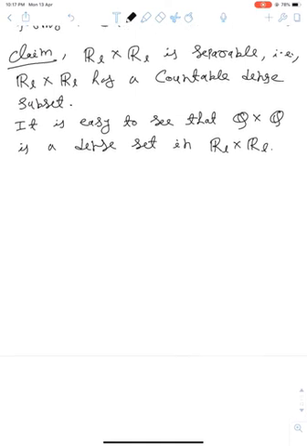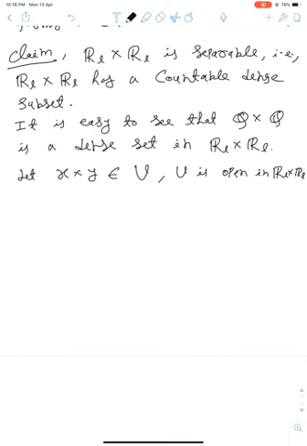First of all, let x cross y be any point, and choose any open set U. So this U is open in RL cross RL, right?